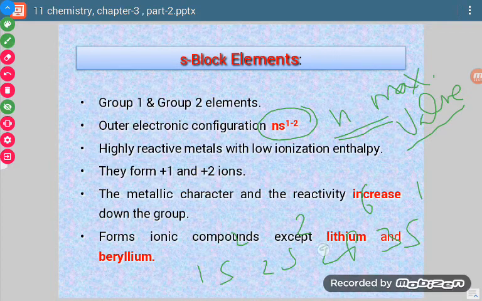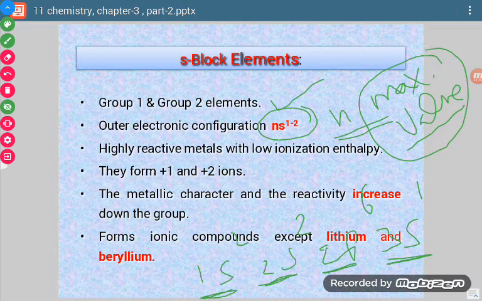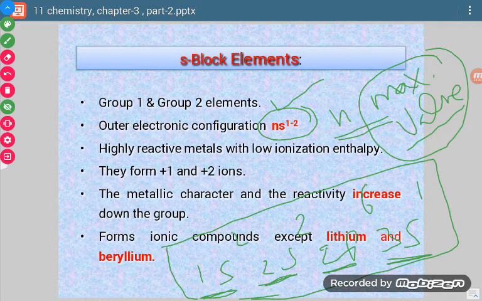Suppose this is the electronic configuration of an element. Now which n value is to be taken here? Here n is 1, n is 2, n is 2, n is 3. So it is the maximum value in the electronic configuration, which in this case is 3. So the valence shell electronic configuration for this element is 3s1.